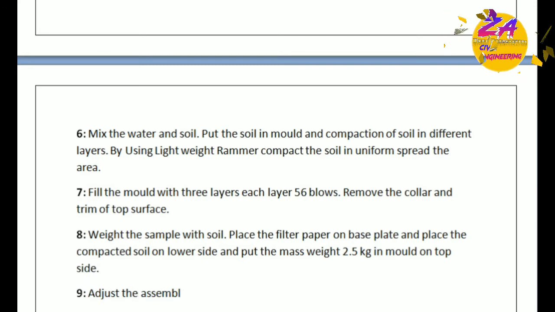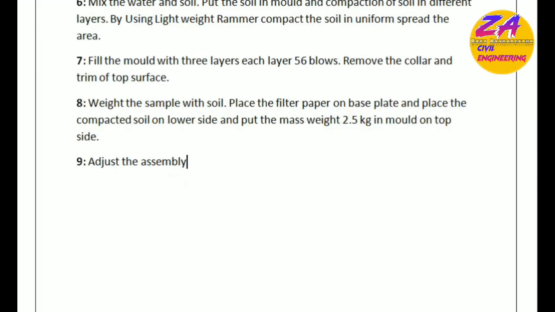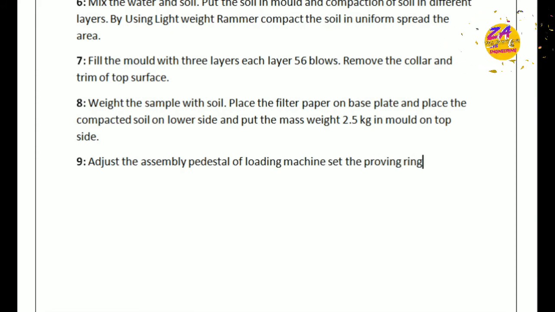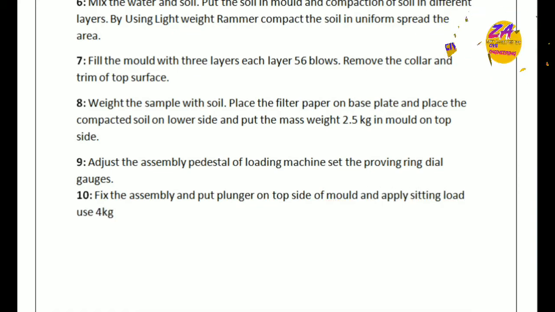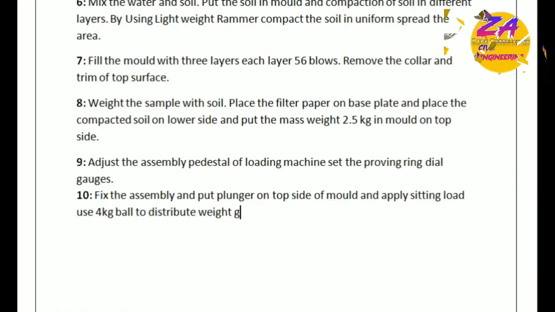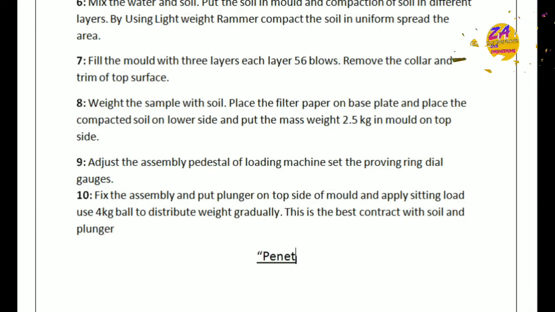Right? After this, adjust the assembly on the pedestal of the loading machine setup, providing a proving ring dial gauge. Fix the assembly and put the plunger on the top side of the mold, applying a seating load using a 4 kg load to distribute weight gradually. This ensures best contact between the soil and plunger.